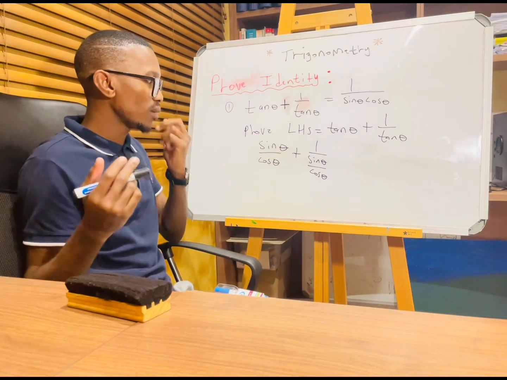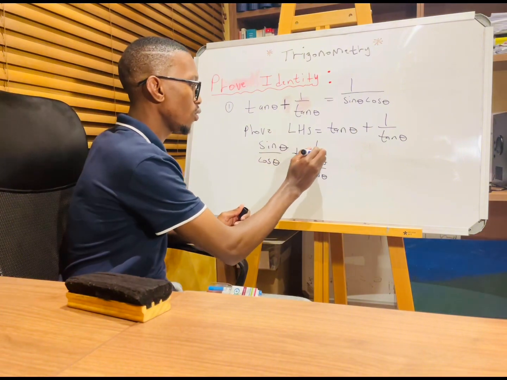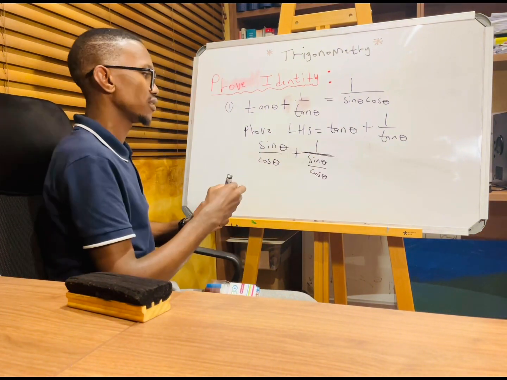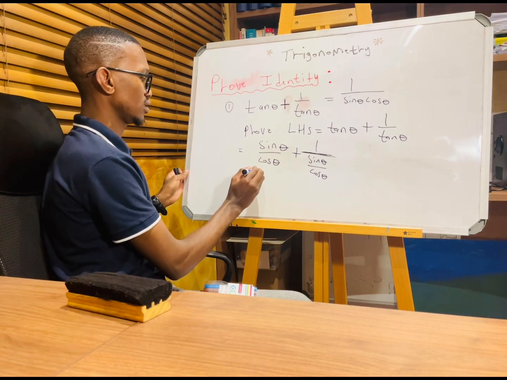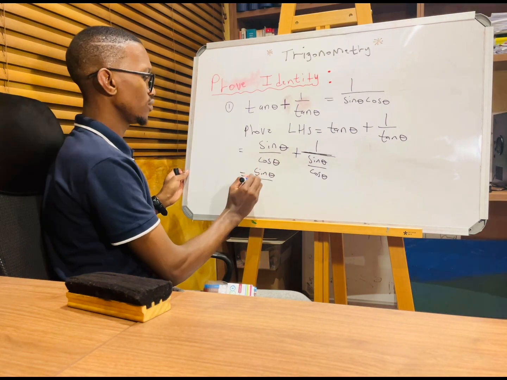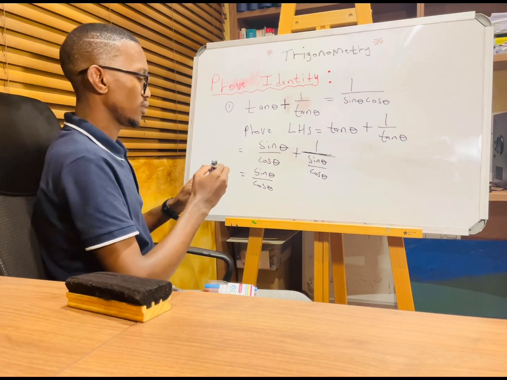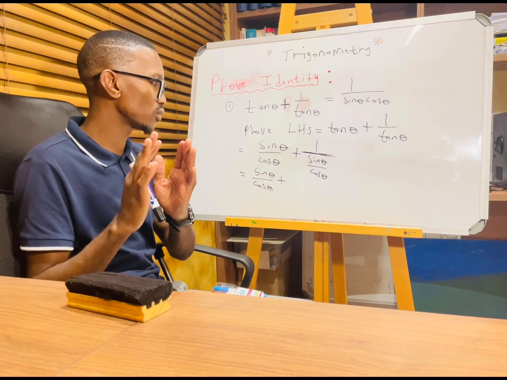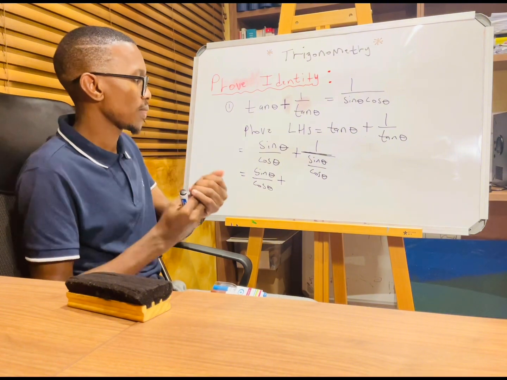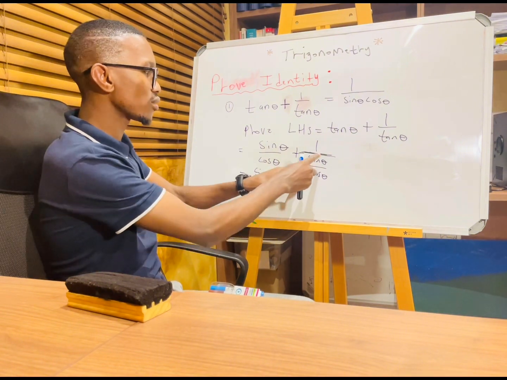Okay, so what am I going to do there? This is just all over. Then this is the same as sine theta over cos theta plus. Check what I'm going to do here. This is the cross multiplication.